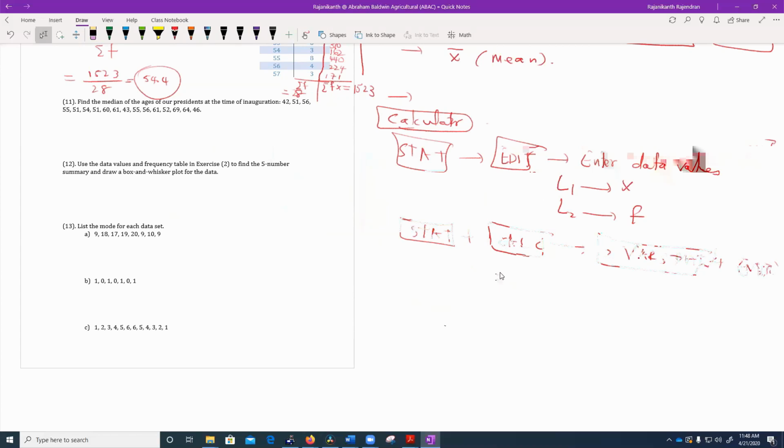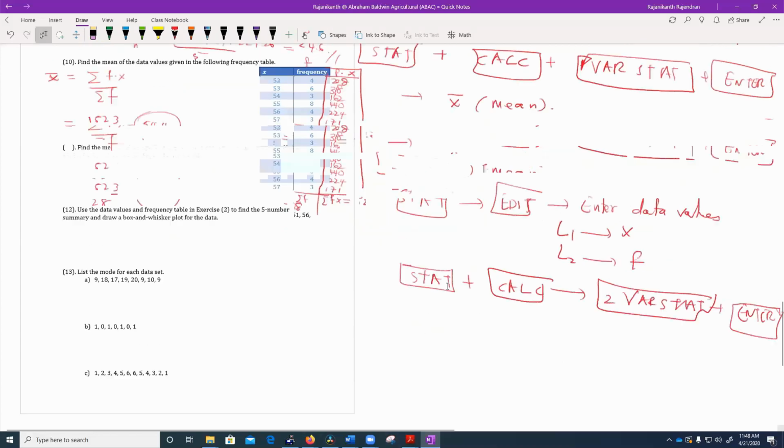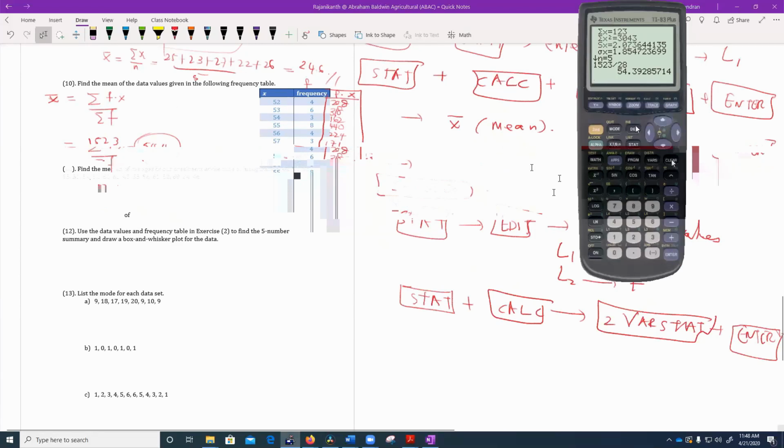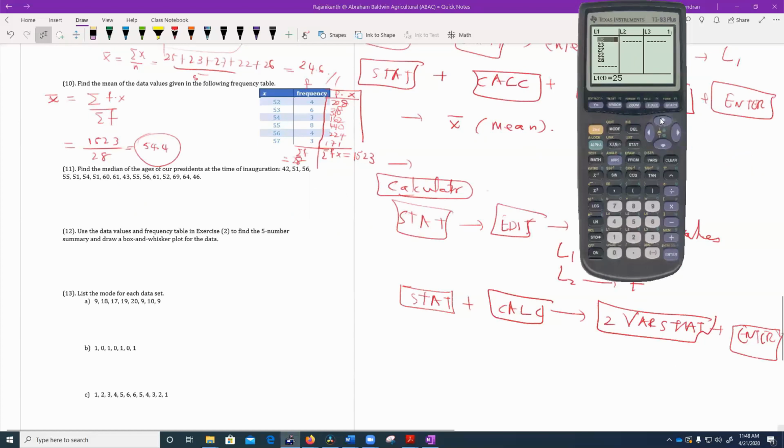So we will do that. I'm going to enter all the data. Let me clear that. My L1 is all the x: 52, 53, 54, 55, 56, and 57.